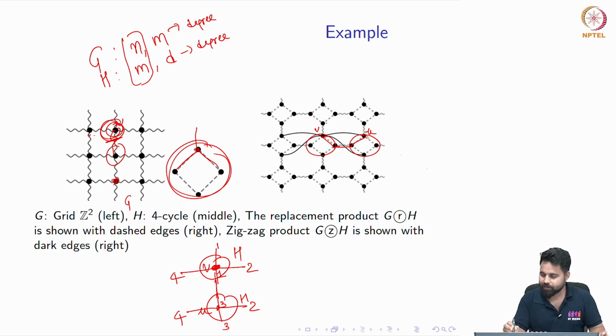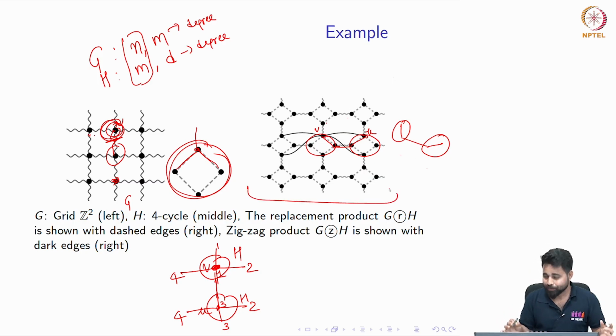So this is a kind of pattern: one edge inside a cloud, then between the clouds, then another edge inside a cloud. This is the zigzag. Whenever such a possibility is there, you put the dark edge between these two vertices. Now in the resulting graph, only the darker edges will be there. Just forget about the dashed edges.